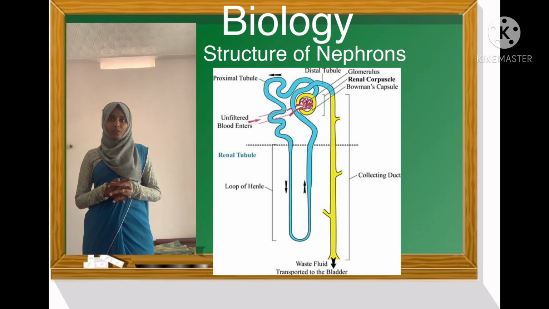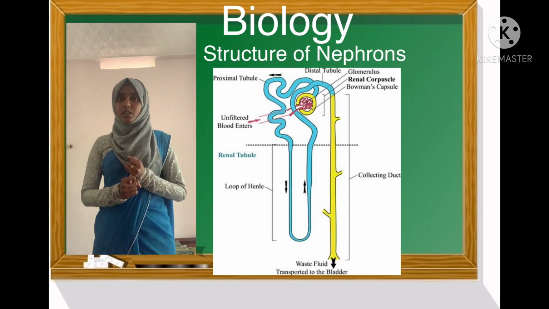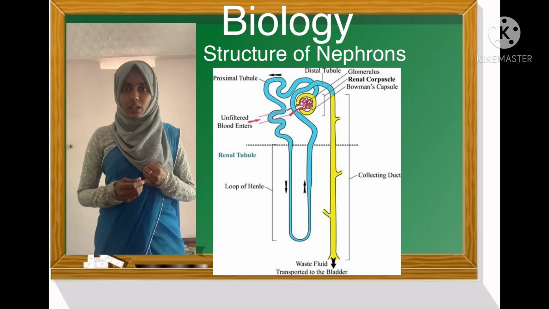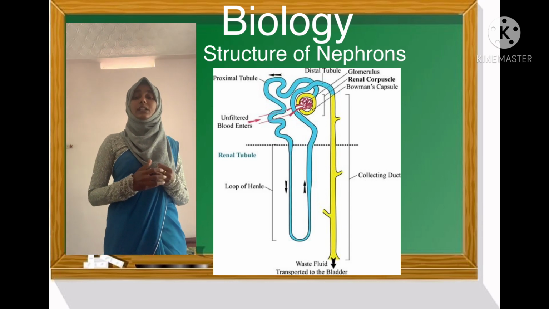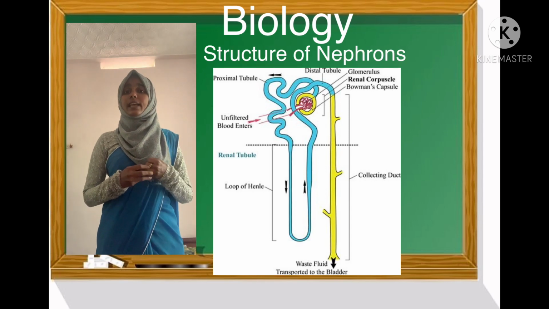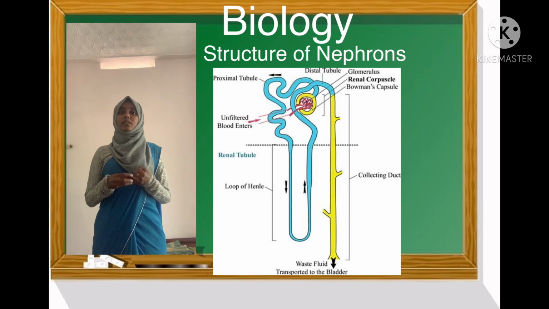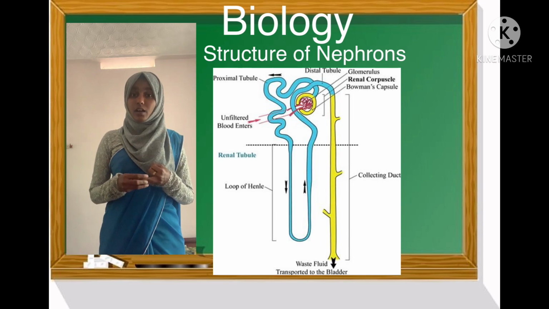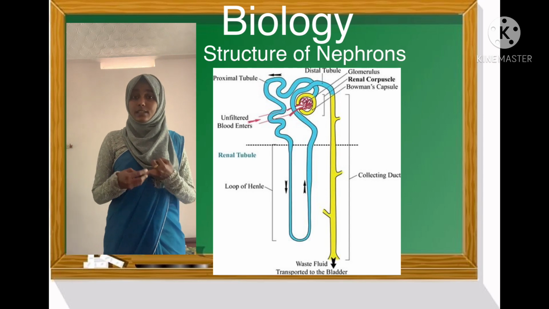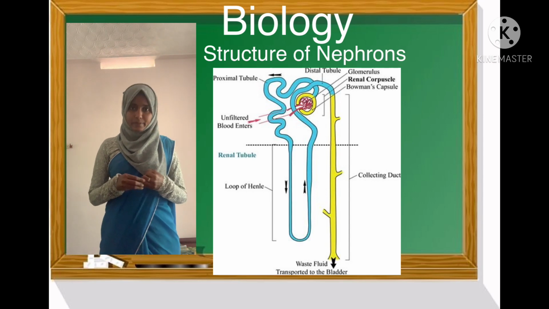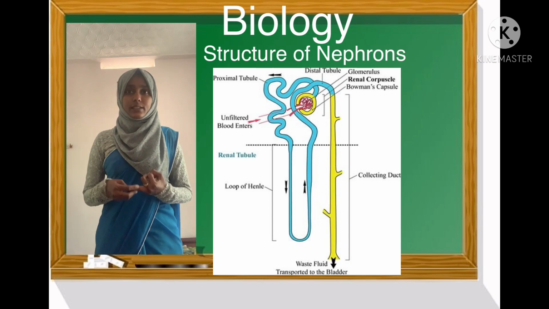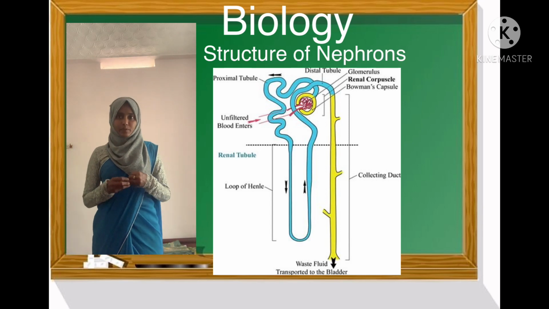The first part is Bowman's capsule. It is a double-walled cup-like structure seen around the glomerulus. The next one is afferent vessel, which are the branches of renal artery which enter the Bowman's capsule.